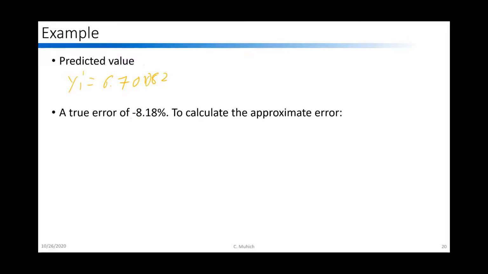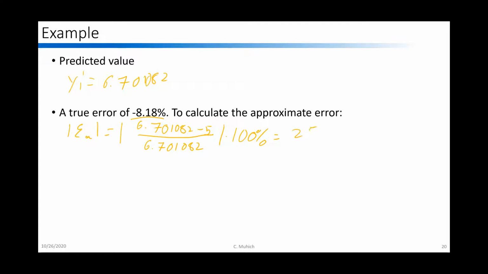However, in most cases, we won't know what that true error is, so we need to find an approximate error. So let's go in and find what my approximate error is. So remember this, we take the absolute value of my best approximation minus my previous approximation over the best approximation times 100%.